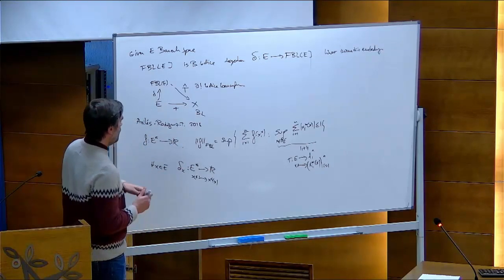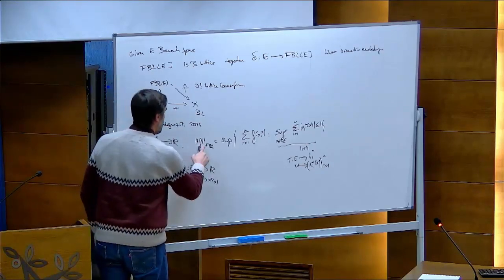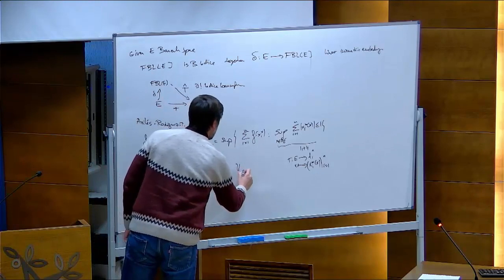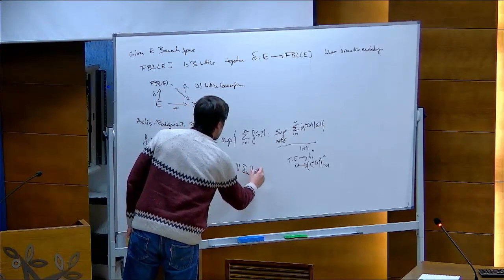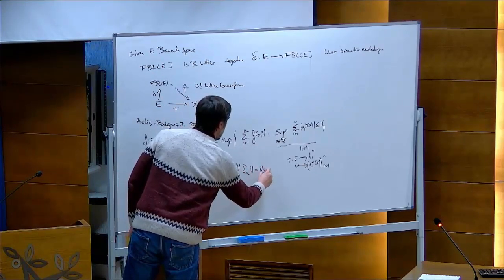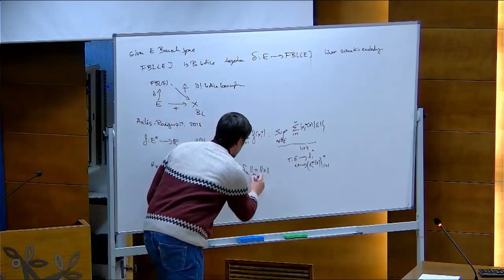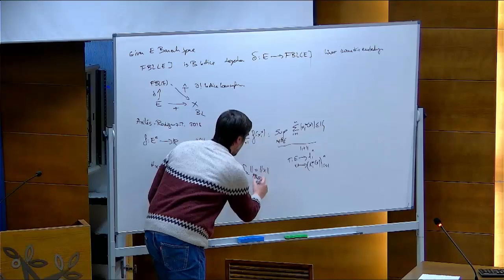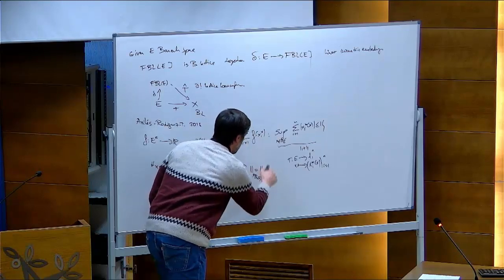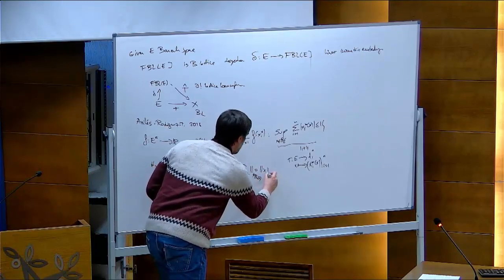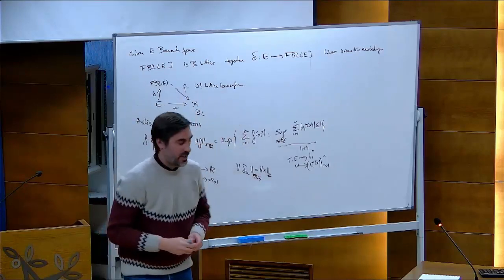And if I look at this norm for those maps, it is very easy to see that the free norm of this map in the free Banach lattice of E is going to be the same as the norm of x.